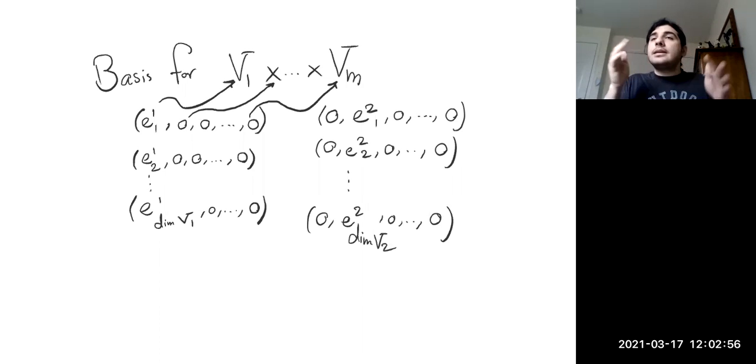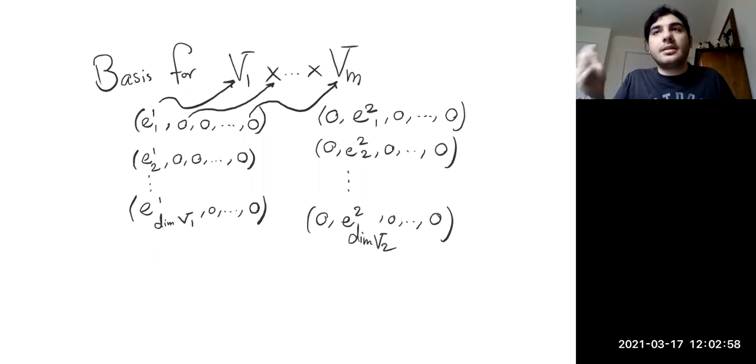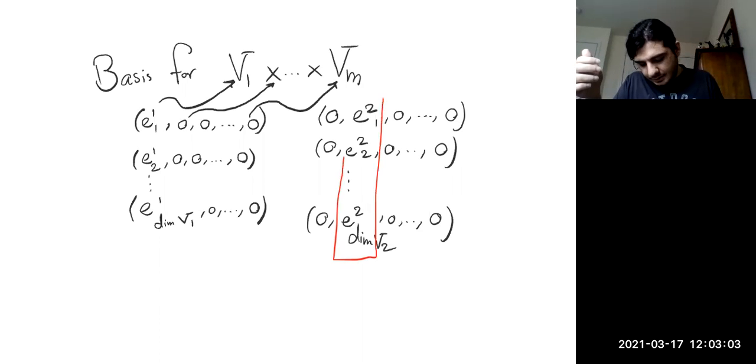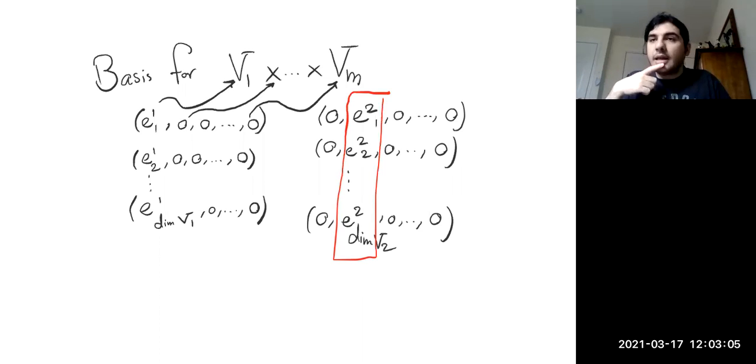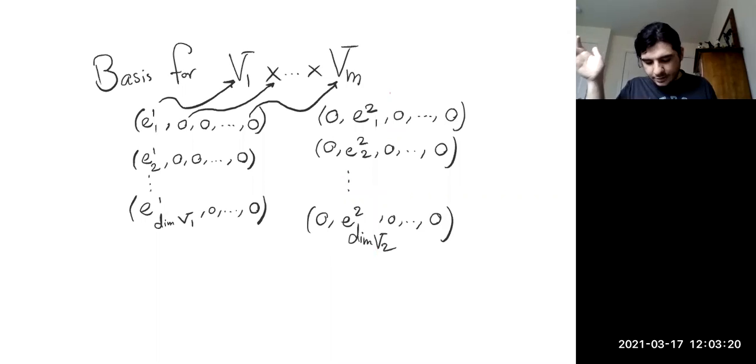Now, these are again vectors in the product space, and these vectors are a basis for V2. And by just adding 0 on the other components, I get vectors in the product space. And I can do the same thing for V3, V4, etc., up to Vm.